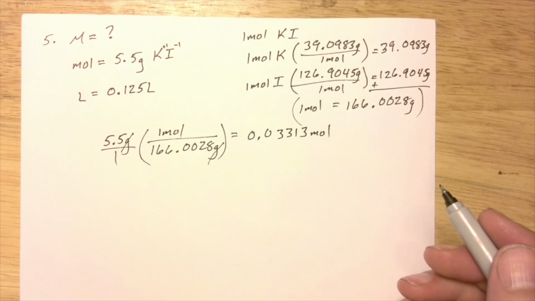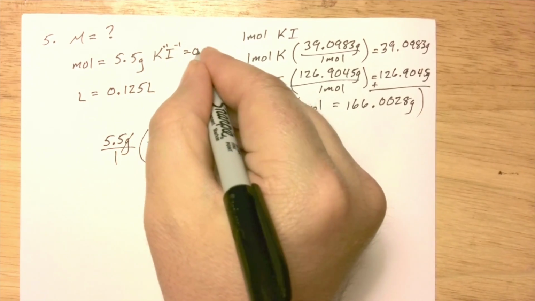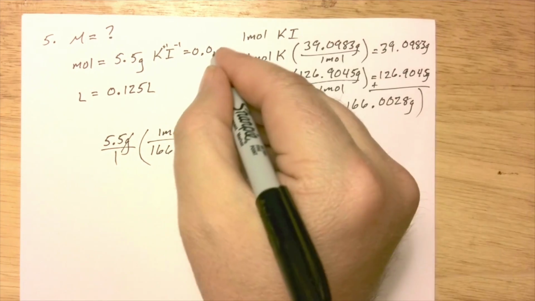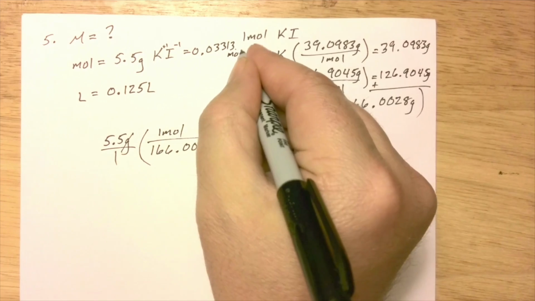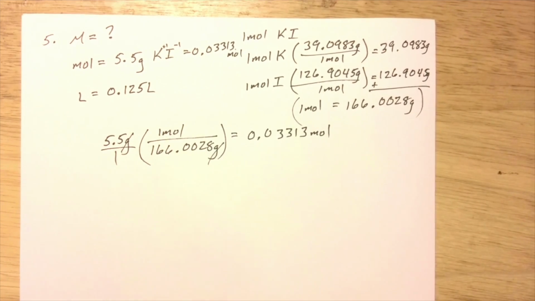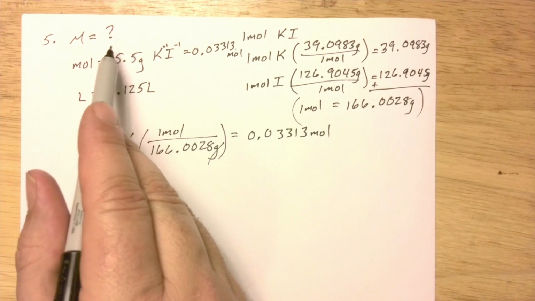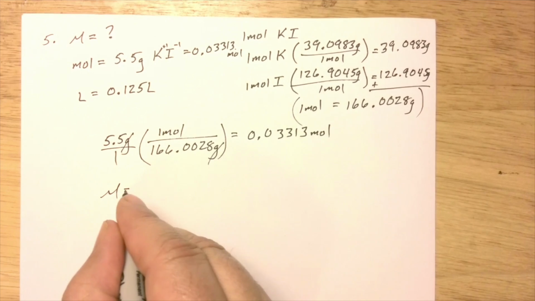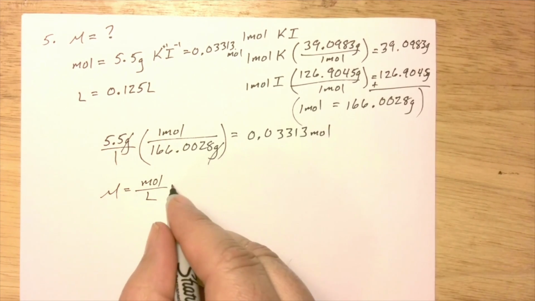All right, now let me go and put this up here. 0.03313 moles. So now I have my moles and I have my liters. I just need to solve for the molarity. So molarity is equal to moles per liter. So just plug in the numbers.